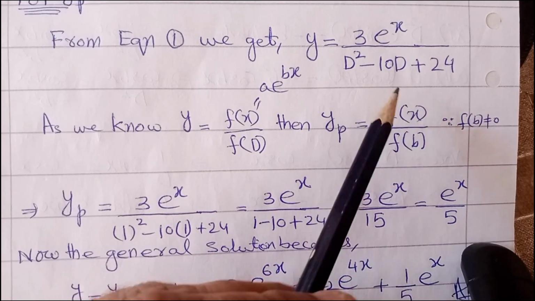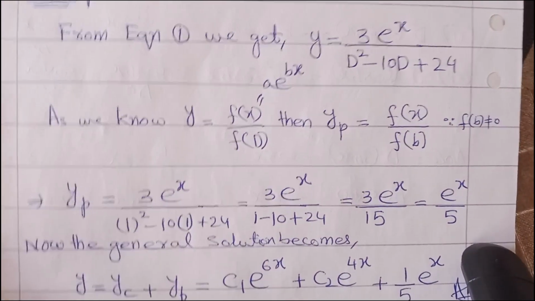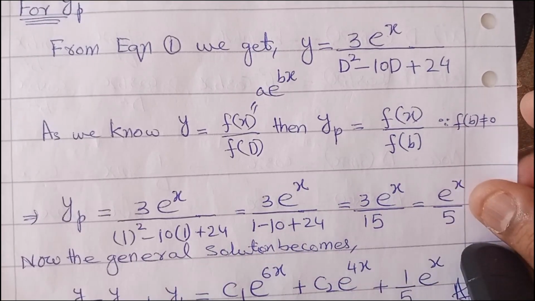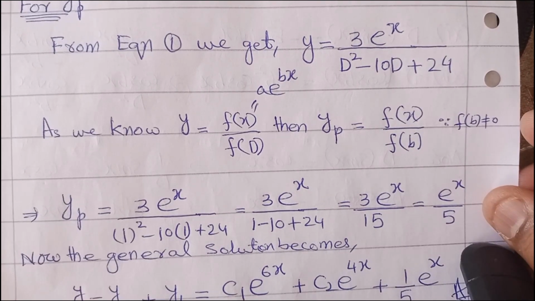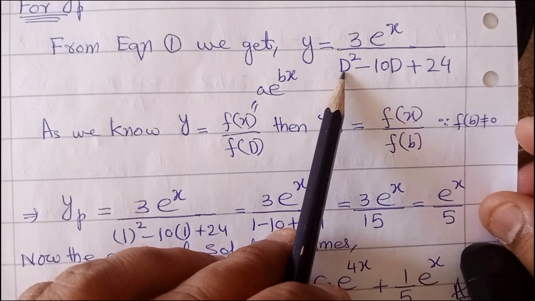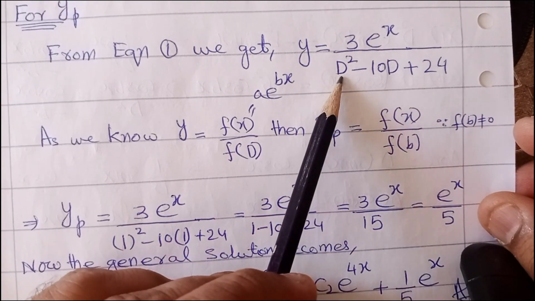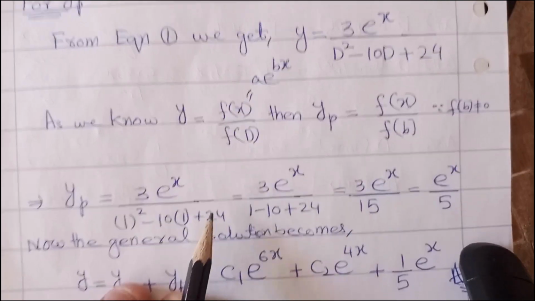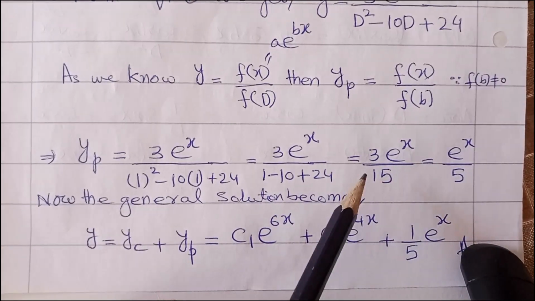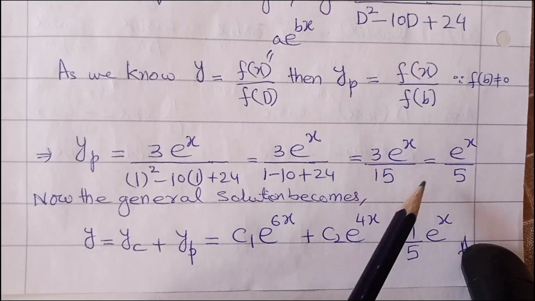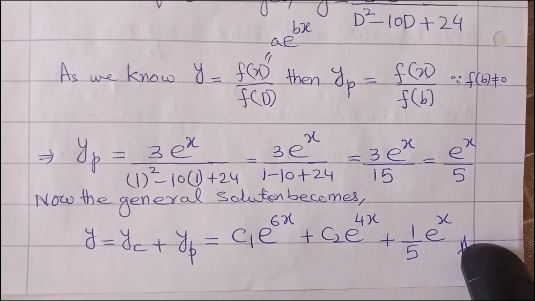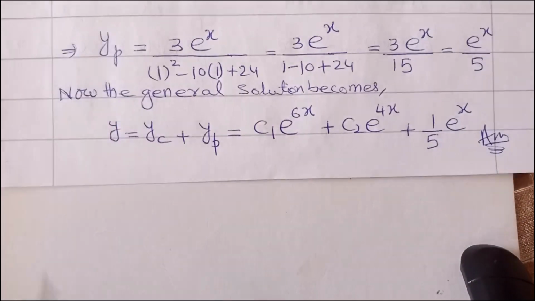If we substitute b is equal to 1, the denominator is not equal to 0, so we can directly substitute the value, that is, 1 square minus 10 into 1 plus 24, which is 15. So 3 upon 15, we cancel out, and that would be exponential x upon 5.